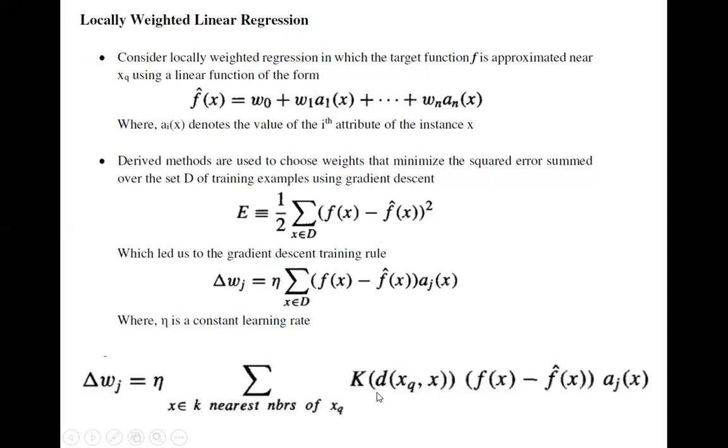And this capital K, we call it the kernel function. K of d of x q comma x is nothing but the distance of the query point with respect to that particular x, the example. So the kernel function calculates the distance, that is the weight value, and it is multiplied with the difference between the actual output and the derived output, and multiplied with that particular attribute value.